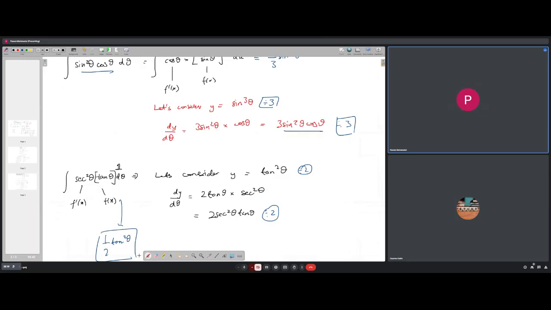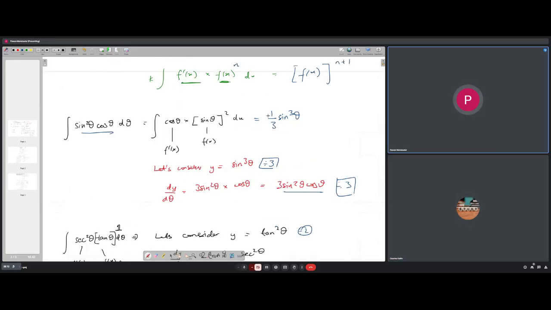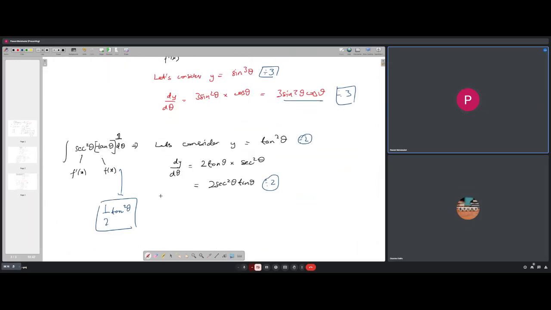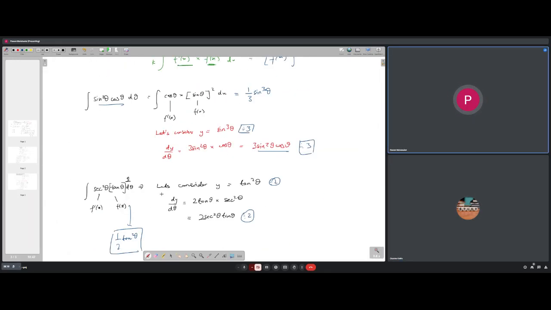Does that make sense? They are different, aren't they? A third sine cubed theta, half tan squared theta. They are different, aren't they? But I guarantee you, 100%, with one thing that I should probably put, which is a plus c. Depending on the plus c, these expressions will be equivalent in some way, shape, or form.